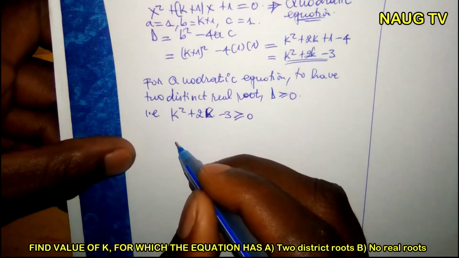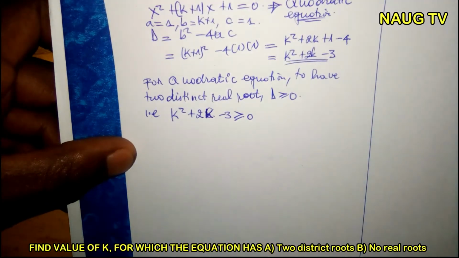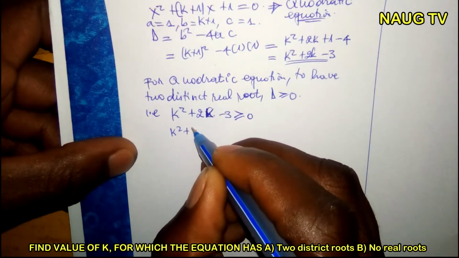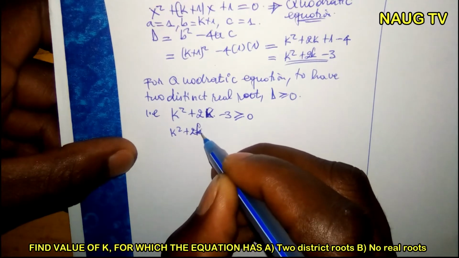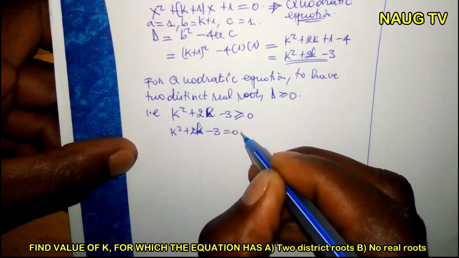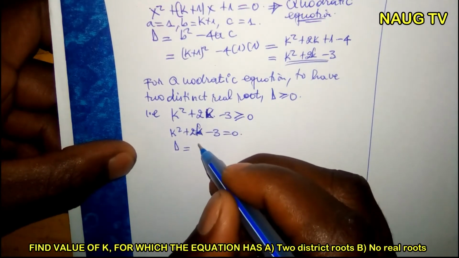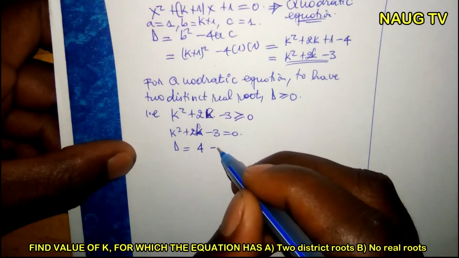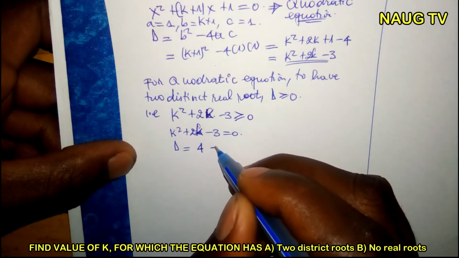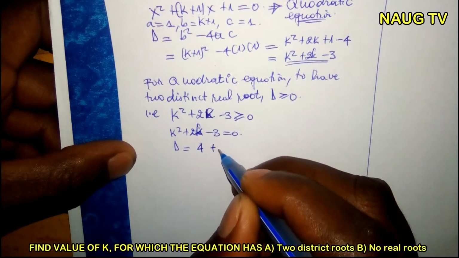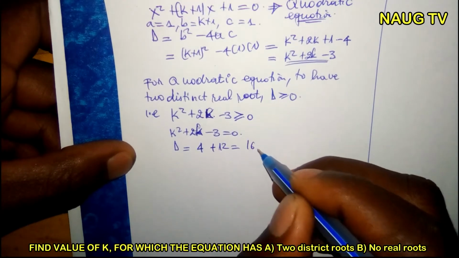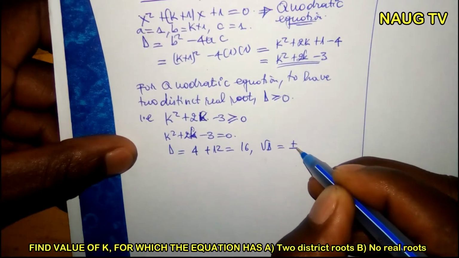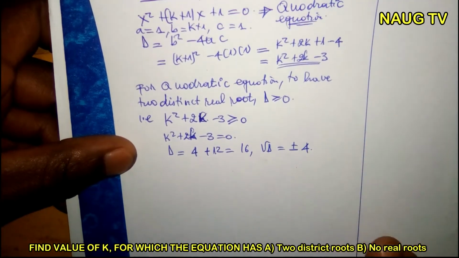Yeah. So let's calculate this value: k squared plus 2k minus 3 equals 0. I think delta would be equal to 4 minus 4 times negative 3, so it is 4 plus 12, and it is equal to 16. So the square root of delta will be equal to plus or minus 4, right?